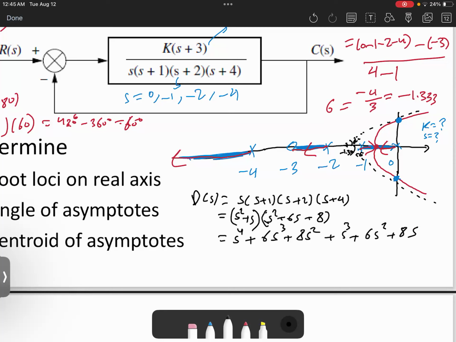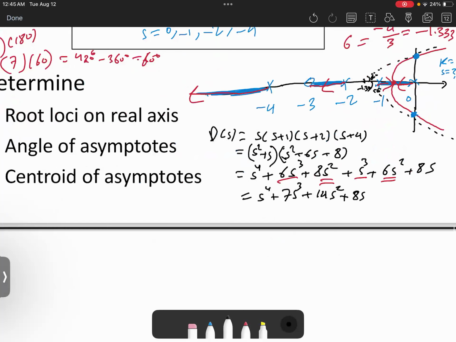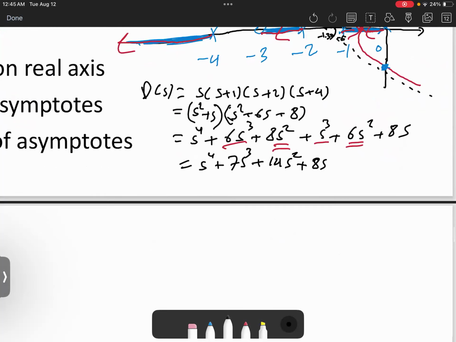Then the characteristic equation will be s power 4 plus 7s cubed plus 8 plus 6, which is 14s squared plus 8s. Now, the next thing is to do the Routh-Hurwitz.